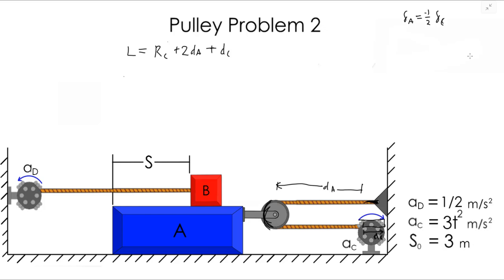Before we move forward, let me talk about the problem in general, what we're trying to solve. We're solving for the amount of time it takes for B to get to the edge of A, so when B is going to fall off of A in the end.